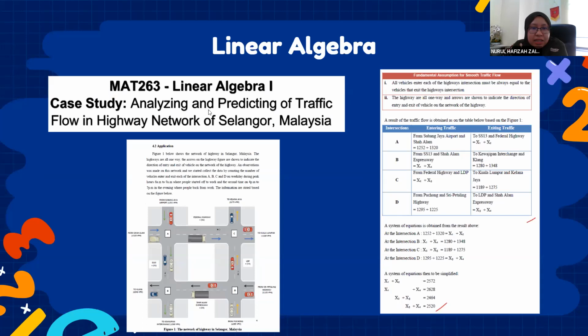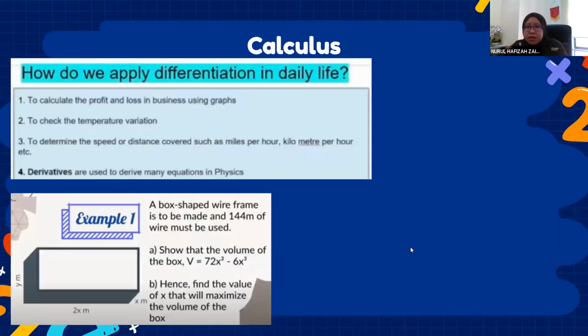Analyzing and predicting of traffic flow: there is traffic from points A, B, C, and D, and then they make some assumptions. This one is actually a system of linear equations. From intersection A, they do some simultaneous equations, and then simplify in a matrix. It's just simple like that.